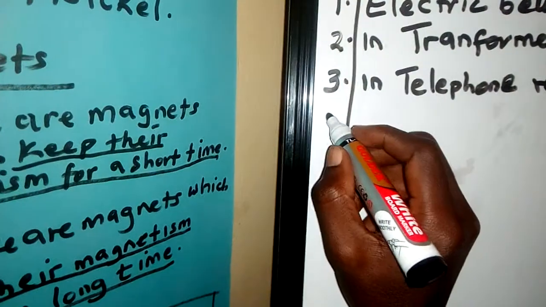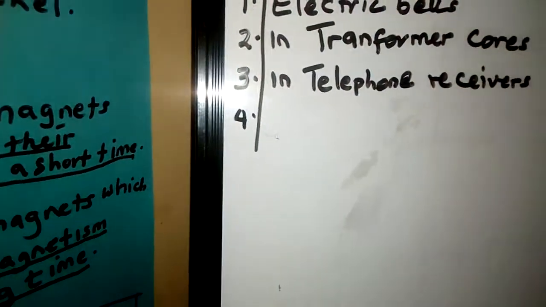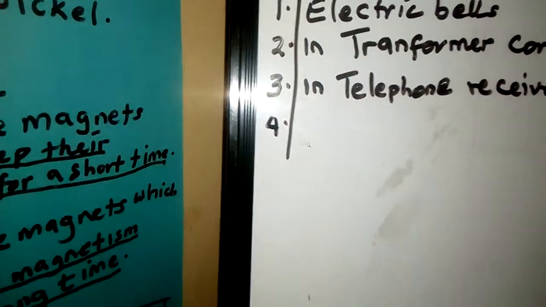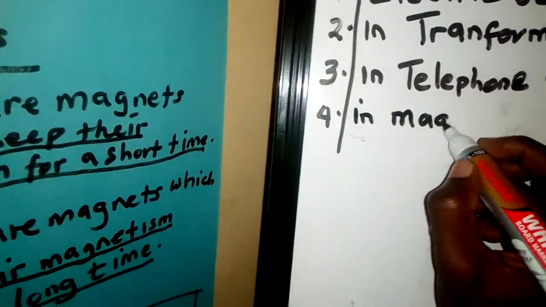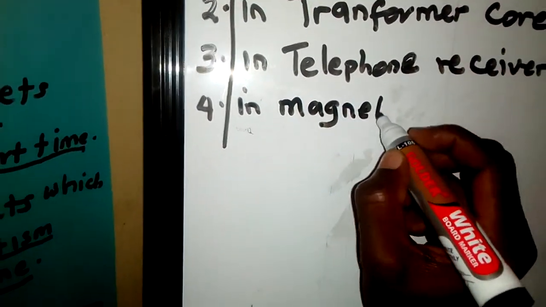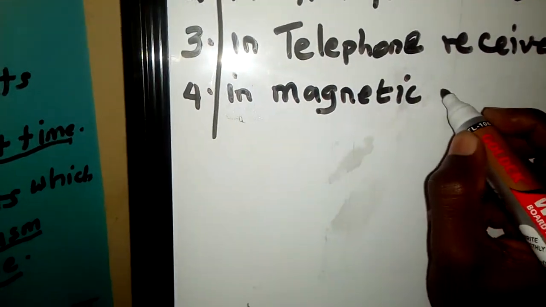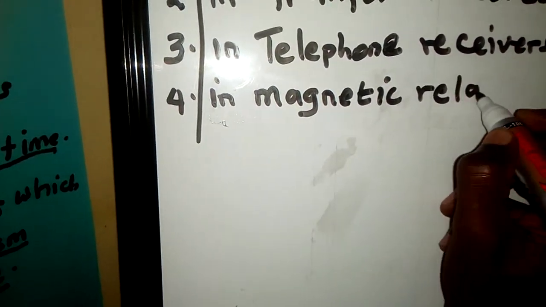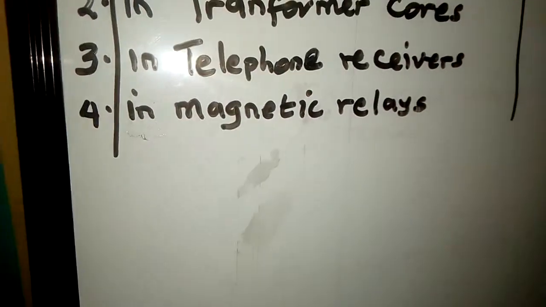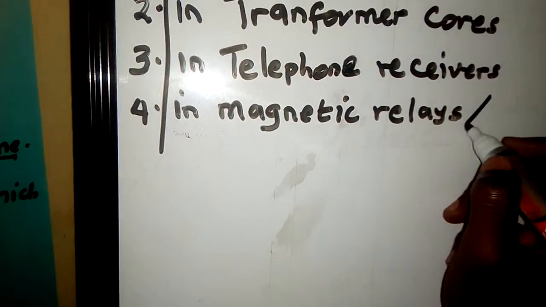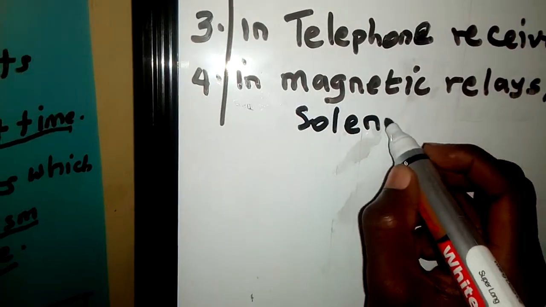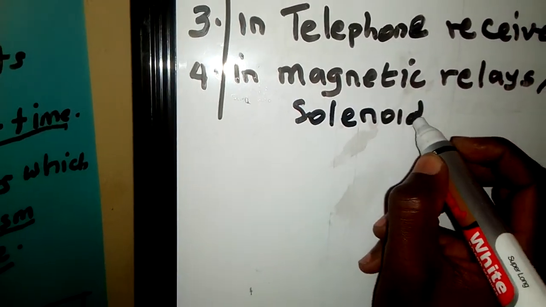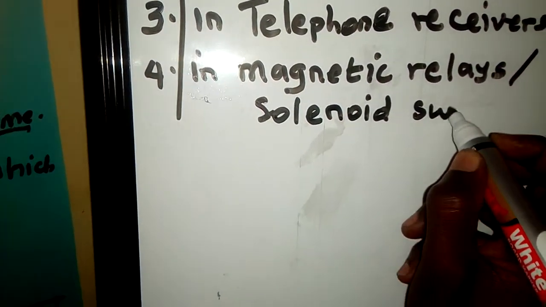After that, the magnetism is not required. We also have other uses, and in this case, another use is in what we call magnetic relays. If you don't want to call it a magnetic relay, you call it solenoid switches.